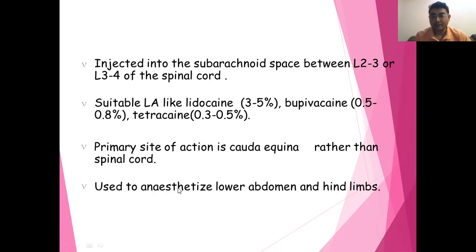Nowadays, spinal anesthesia is an alternative to general anesthesia in most procedures, in most operations which are done lower than the umbilicus, even for nephrectomies, even for some procedures on the kidney.